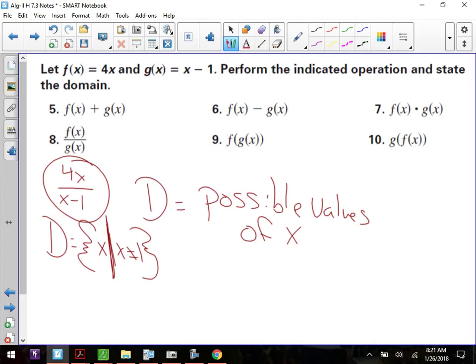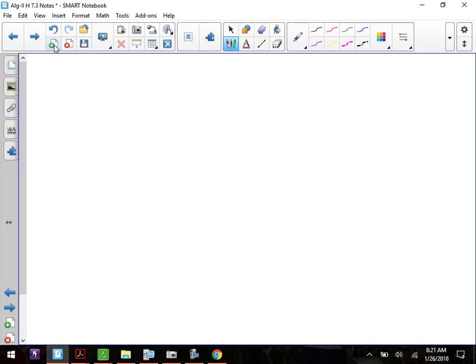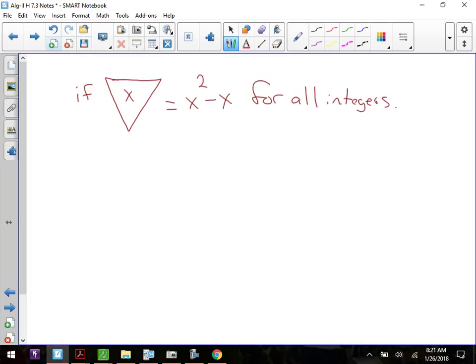Domain, it's just say x. So there's an ACT question that's been around. This has been an ACT question that's shown up pretty regularly, some form of this.